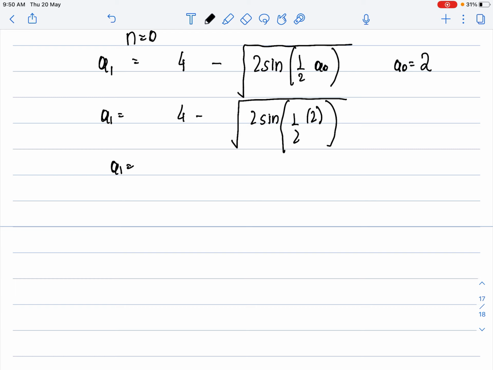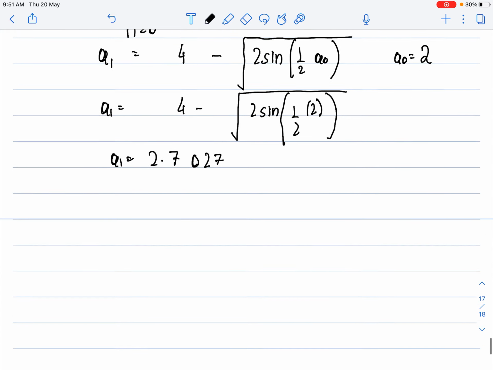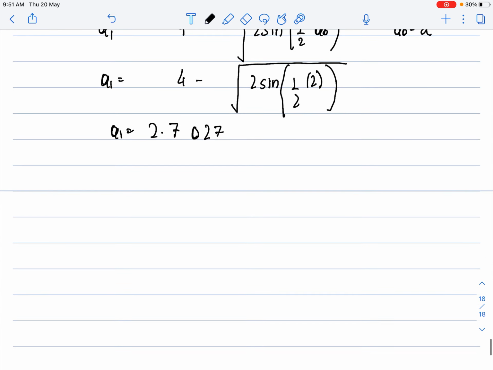It's a full calculator based question. So when I do this, I get my answer as 2.70270, since they have asked us to write it to 5 decimal places.